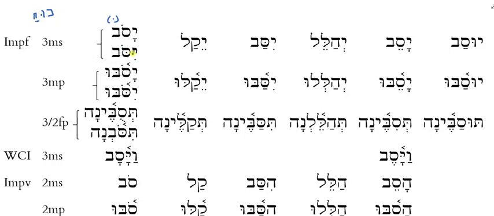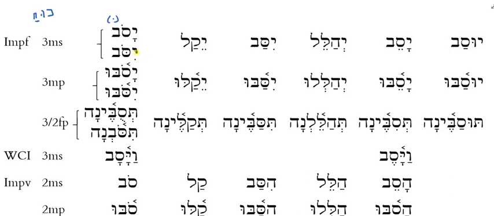We get the same sort of thing here. Normally, what we're looking for is gemination and a dagesh forte happening in root 2, but in this case, there's a dagesh forte showing up in root 1. It's not because there's a nun that's mysteriously appeared here, but this is just trying to create a closed syllable, which is what normally happens with strong verbs in the Qal imperfect.